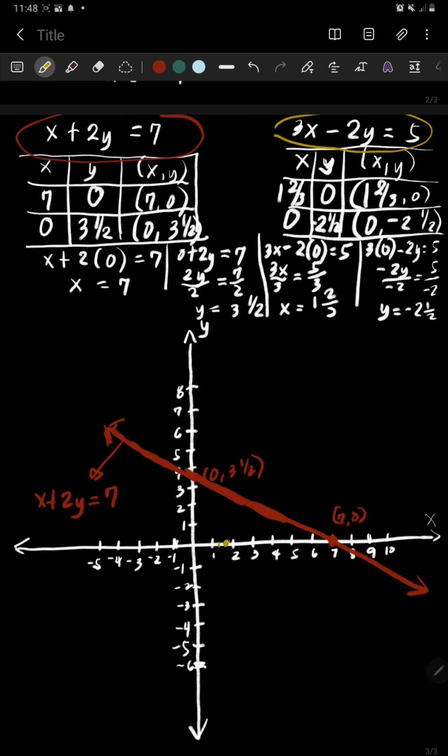So this is 1 and 2/3, 0. And then next, 0, negative 2.5. That is found on the negative y-axis, between negative 2 and negative 3. So here, this is 0, negative 2.5. And then you connect.